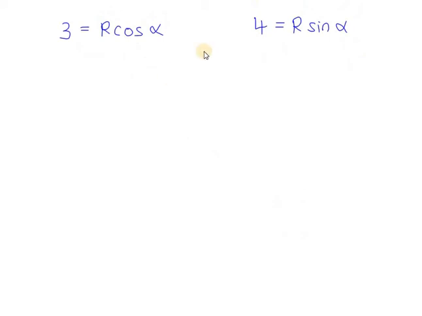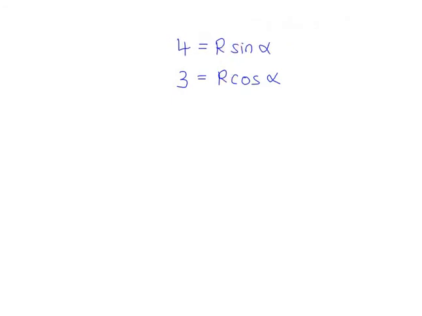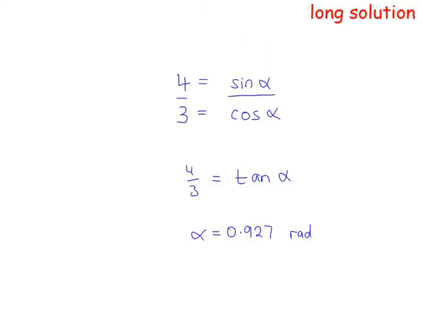Now we still need to work out alpha, and to work out alpha we're going to divide the two equations like this. We want sine over cos because we know sine over cos is tan, and the r's will cancel, and then I can say that 4 over 3 is equal to tan alpha, and then tan inverse of 4/3 is 0.927 radians.